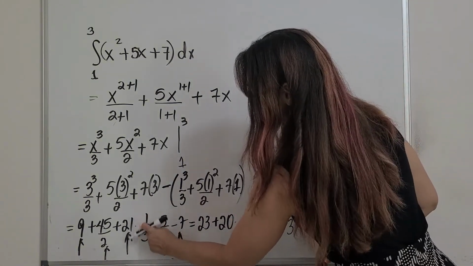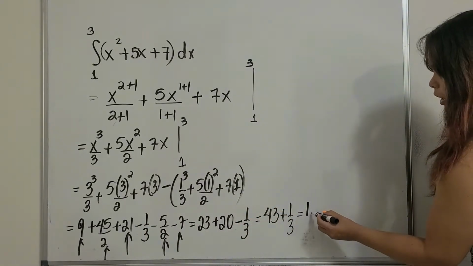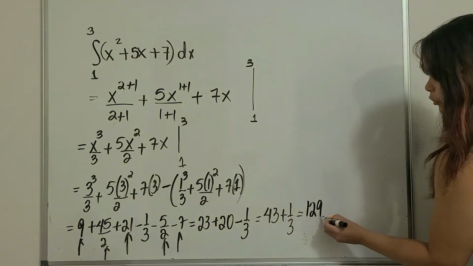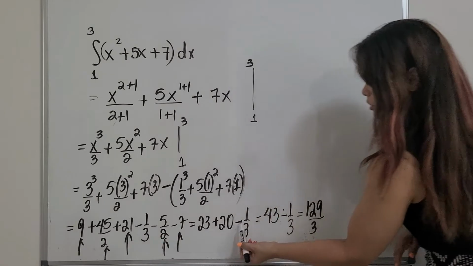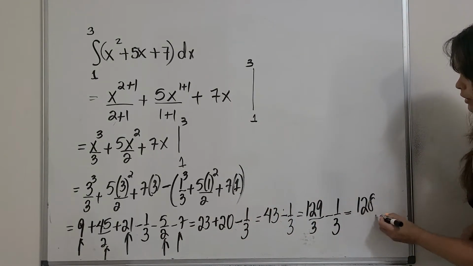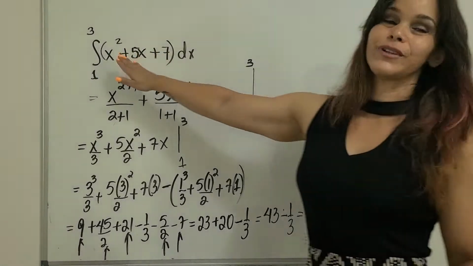I forgot to write the minus here, remember that this is going to be 1 minus 1/3. And this is going to give me 128 over 3. And this is going to be the answer for this integral.